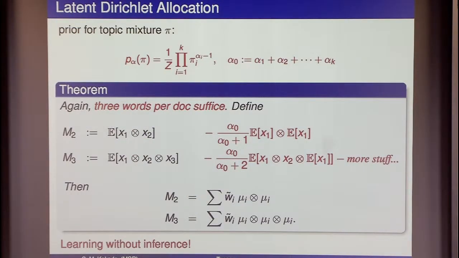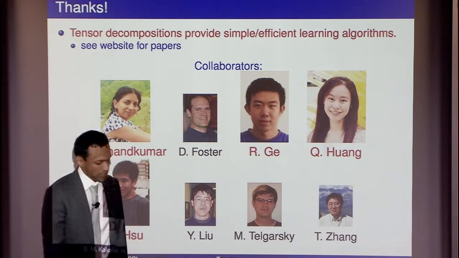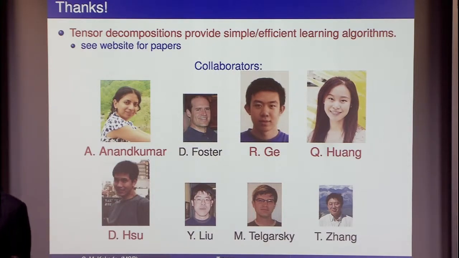Yeah, and if you've heard of LDA, the topic model where you could have many different things, the same idea goes through. So the short summary is these ideas are coming up in machine learning and statistics because we have structure in our models. Sometimes it's reasonable to posit the structure, as opposed to worst case. If we believe the model, we should look at the structure in the problem.